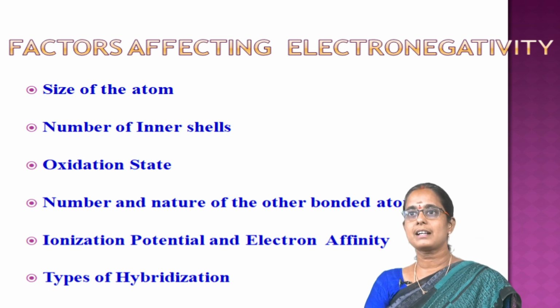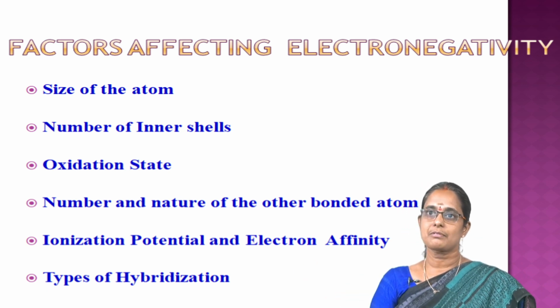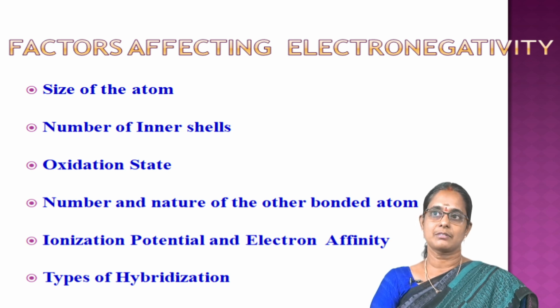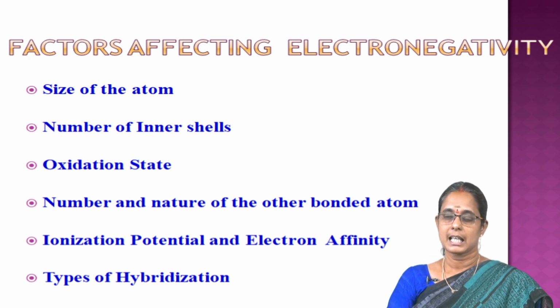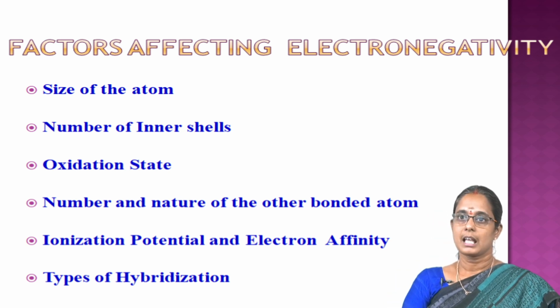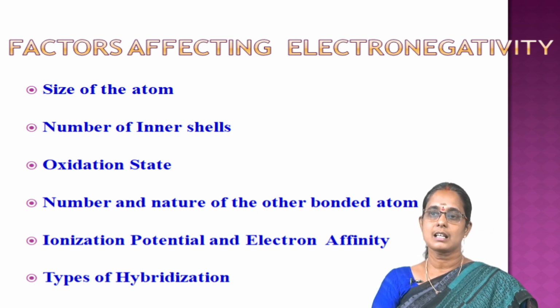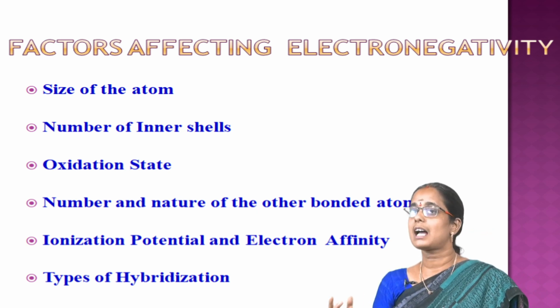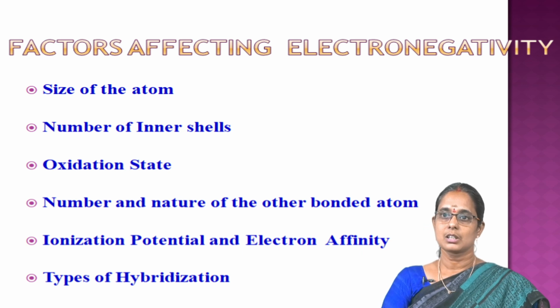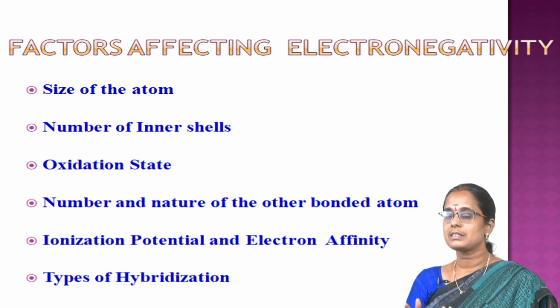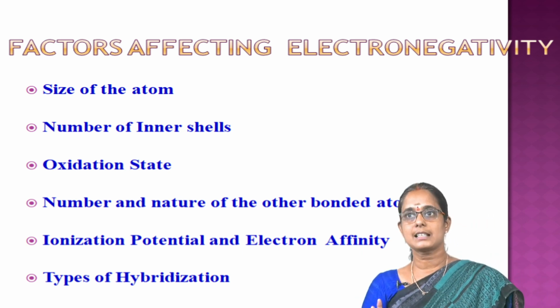The smaller the size of an atom, the greater its tendency to attract the bonded pair of electrons towards itself, and hence the more will be its electronegativity. The more inner shells between the nucleus and the outermost shell, the less the electronegativity. So, this is the decreasing order of the electronegativity of the halogens.